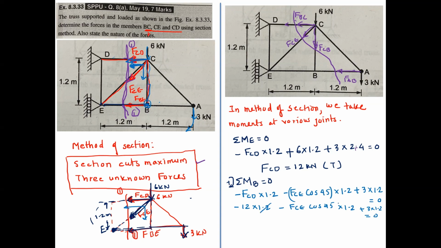I will divide the whole equation by 1.2. Now what do we get? Minus 12 plus 3 is minus 9. So FCE on that side is equal to minus 9 upon cos 45 degree. Is that minus 12.73?